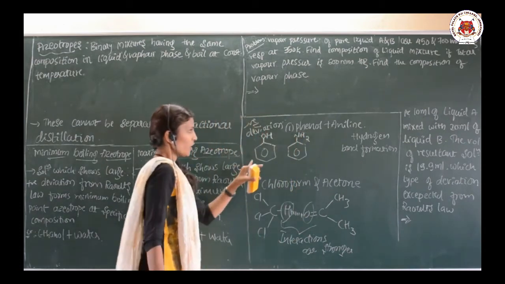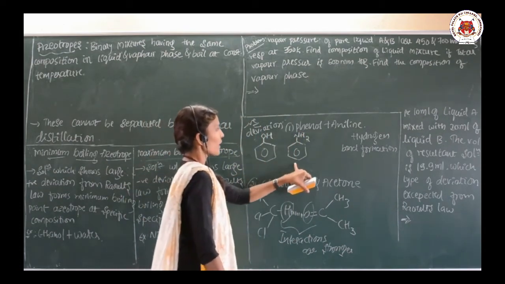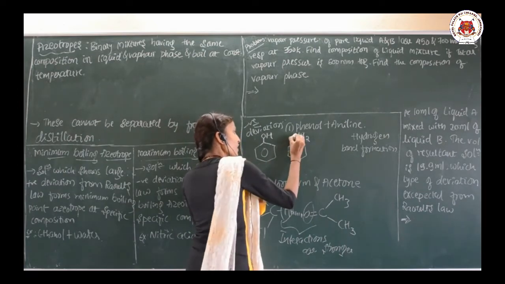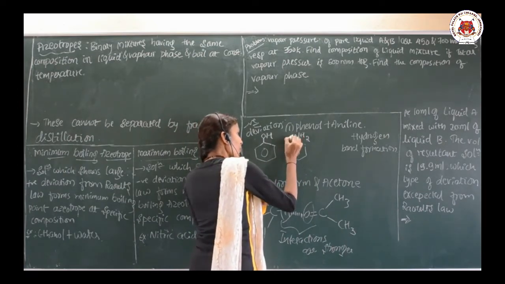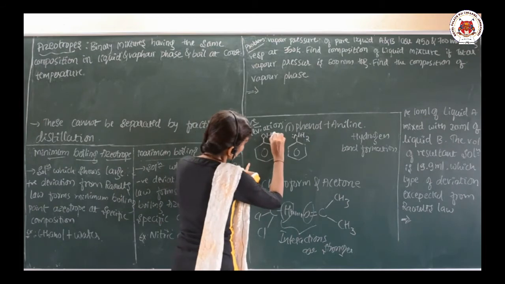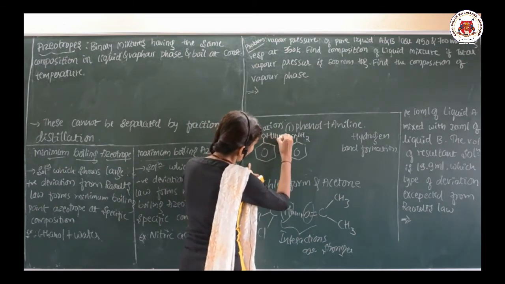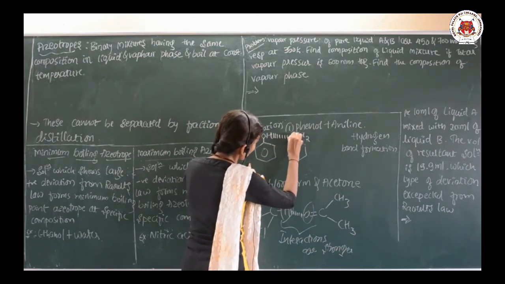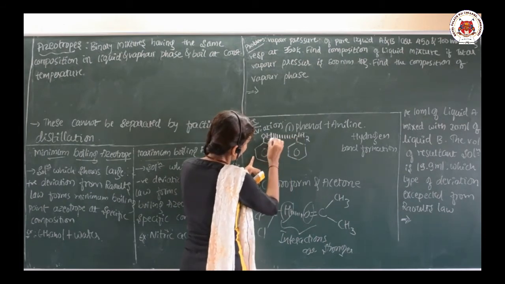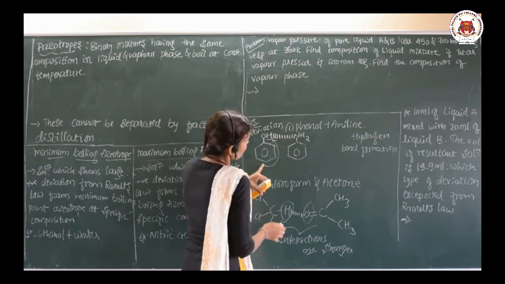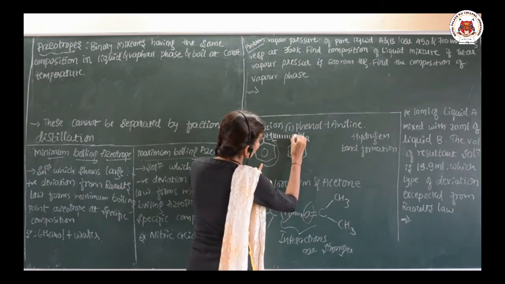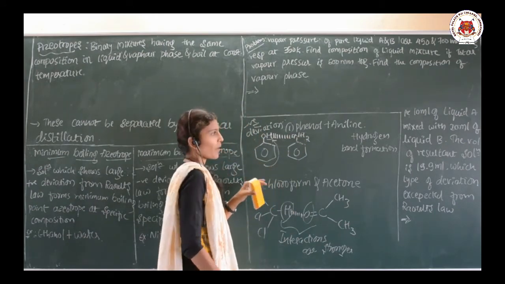So, here phenol is there and aniline is there, and this nitrogen has a lone pair of electrons. A hydrogen bond occurs between the phenolic proton and the nitrogen, which has the lone pair in the aniline.